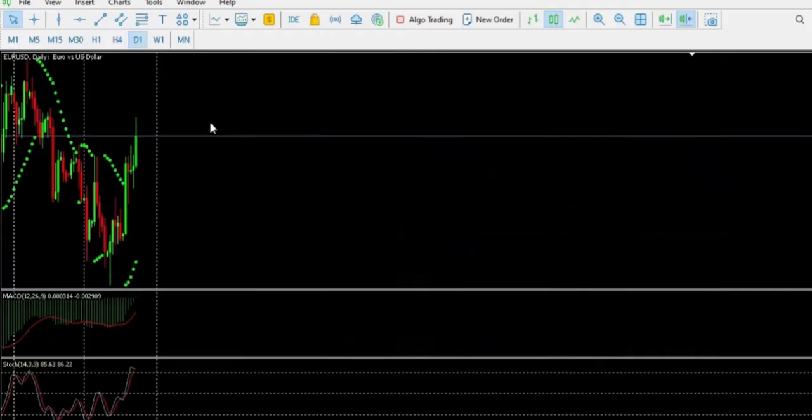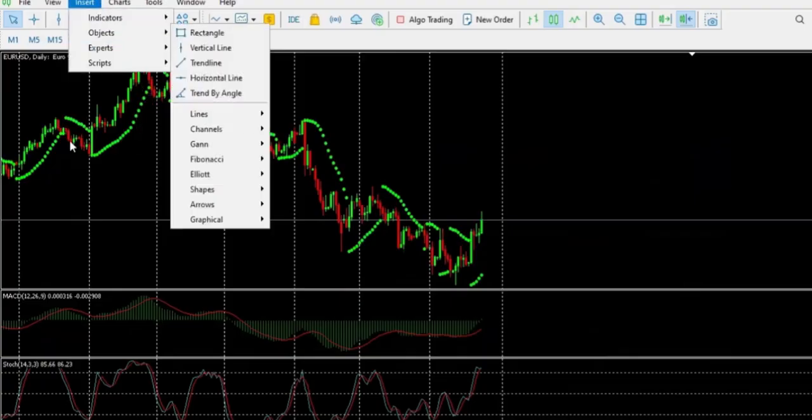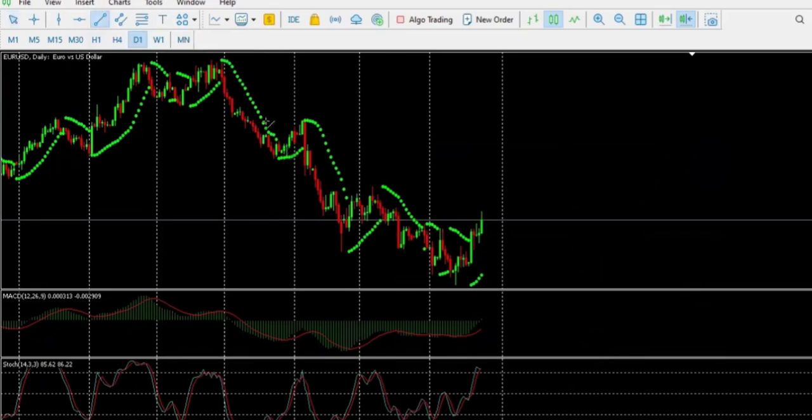Now, whenever you come up to your charts, you can easily tell the trend of the market. What do I mean? If I look at this particular point, this downtrend, I could easily spot that yes, the market is on a downtrend. How do I know? I'm bringing my marker here. This is the daily chart of the Euro USD.